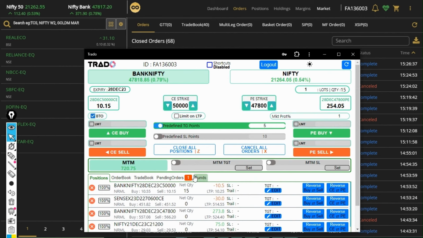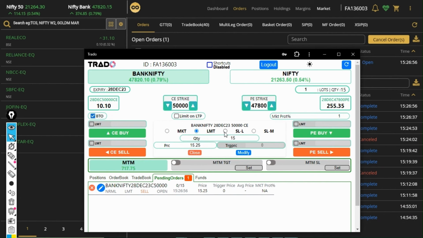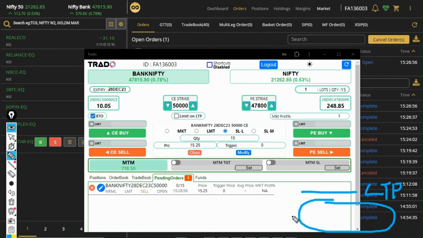See, if you want to go below LTP, you have to select this SL order. If the LTP is running and you want to place any sell order below LTP, then you have to place an SL limit order.